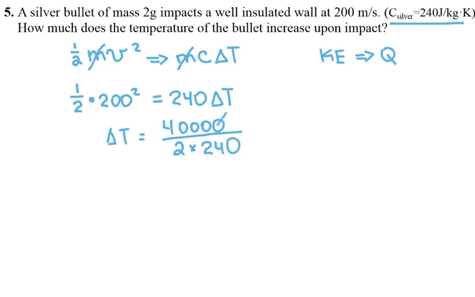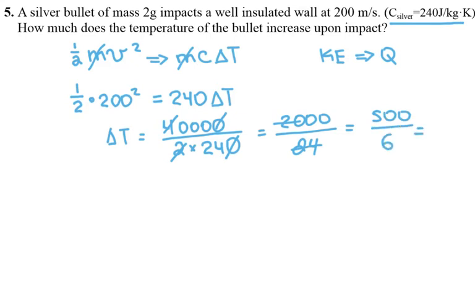I can cancel a 10 and a 10, and a 2 and a 2, so that's going to be 2000 divided by 24. I can also divide them by 4 and by 4, so that will give me 500 divided by 6, which gives me 83.3 degrees Celsius. So that's by how much the temperature will increase.